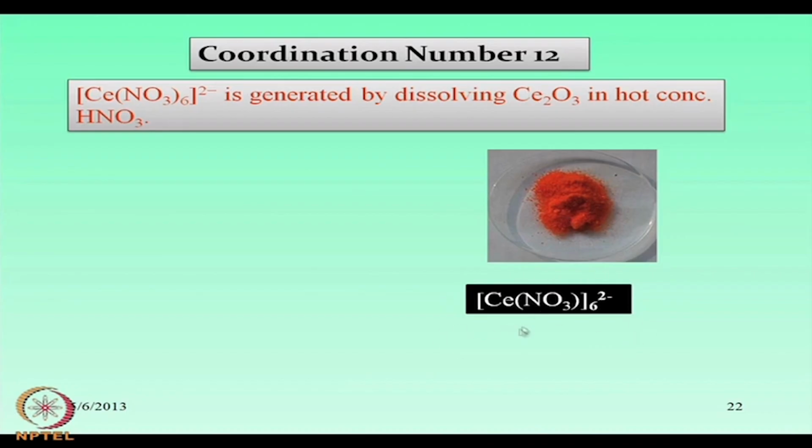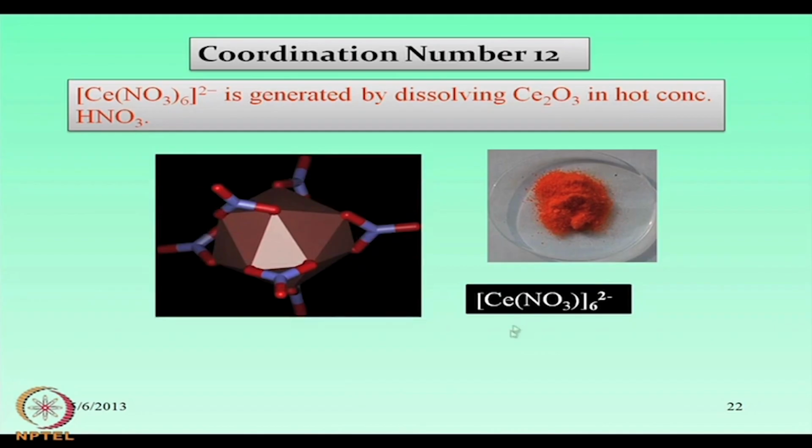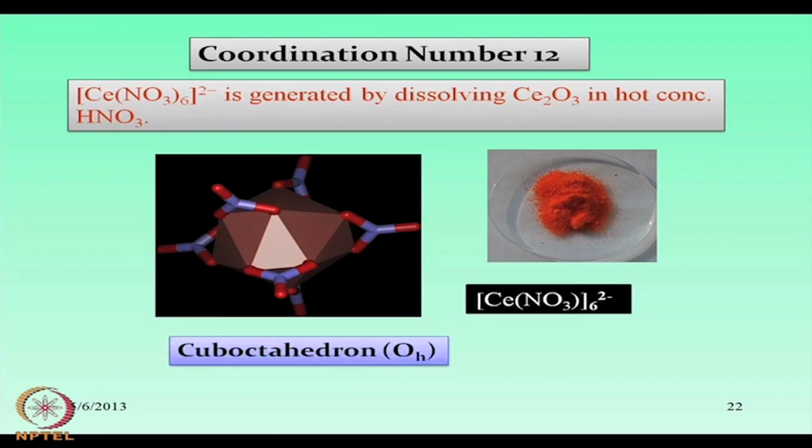So the ammonium salt can be isolated like this, and in this particular case we have a coordination number of 12, where we have a geometry which is a typical cuboctahedron, which has an octahedral geometry derived from a corresponding cube structure.